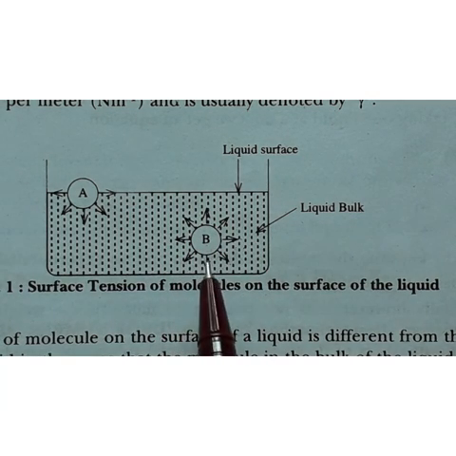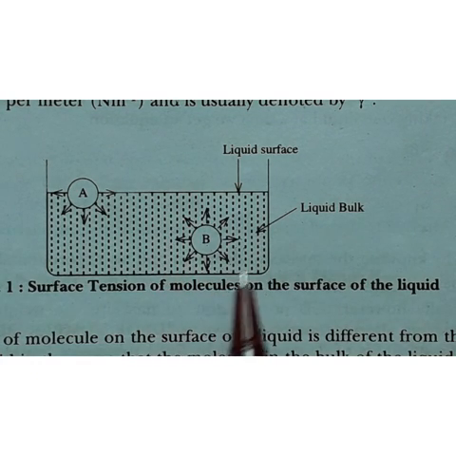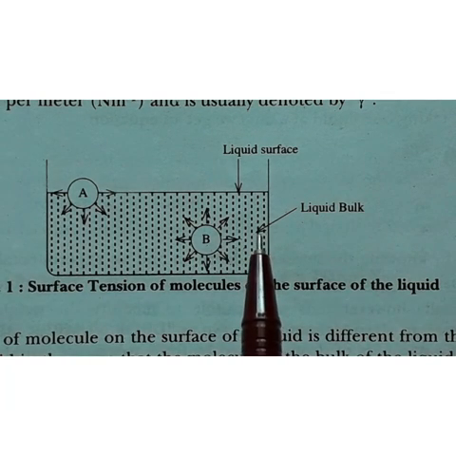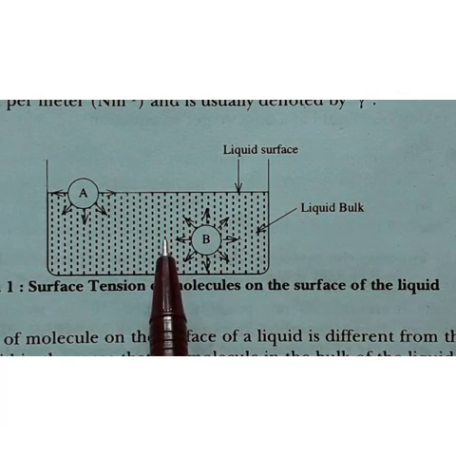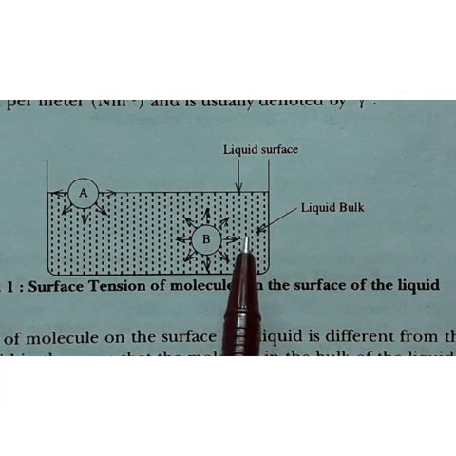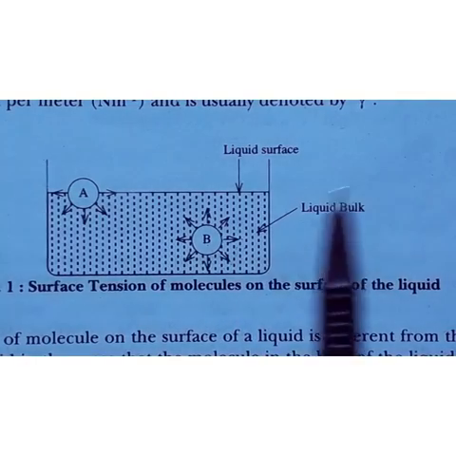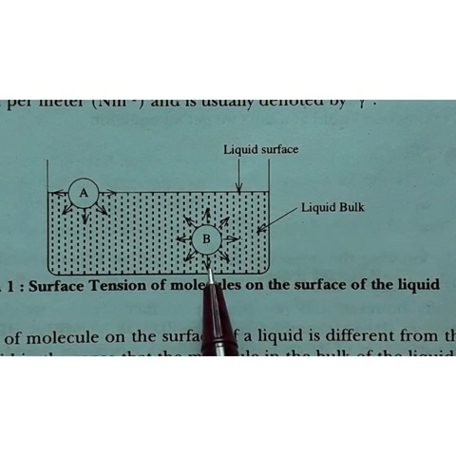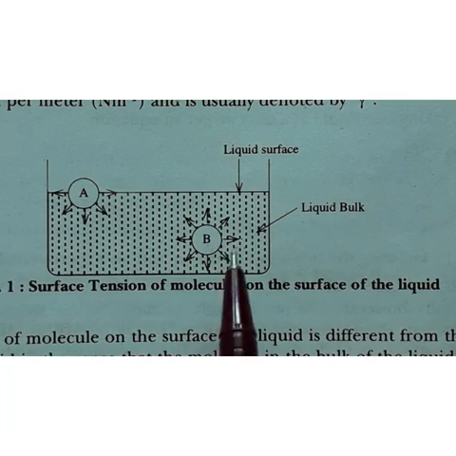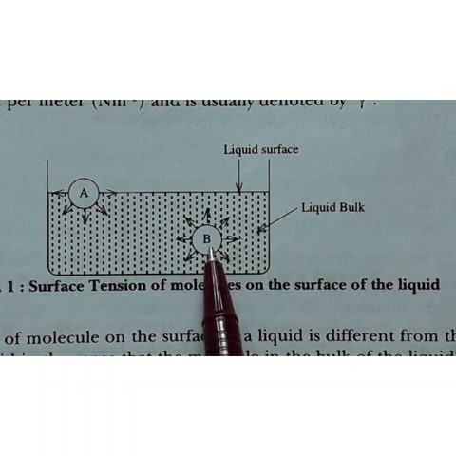That means there is a pull of intermolecular forces of attraction from all sides, and these forces are balanced. If one molecule is pulling B from this side, another molecule is pulling B from that side. If one is pulling from upside, another is pulling from downside also. So these forces of attraction are balanced in case of B.